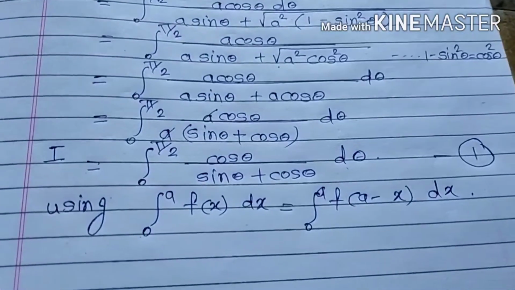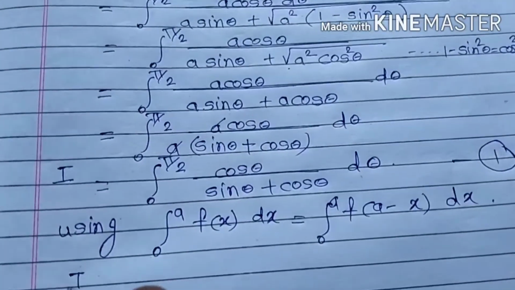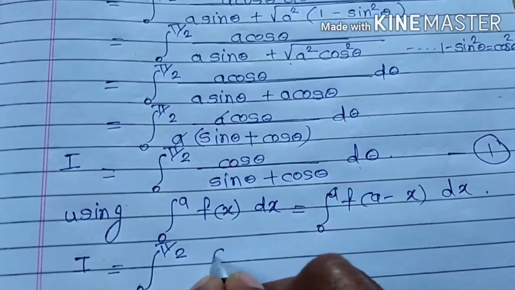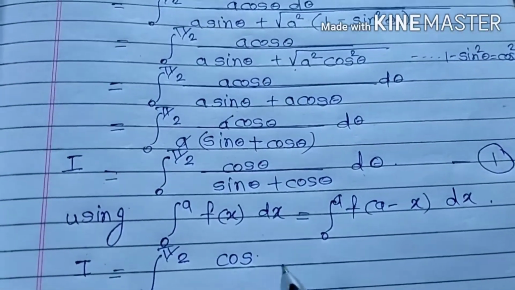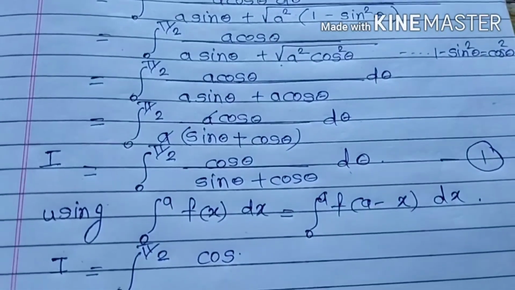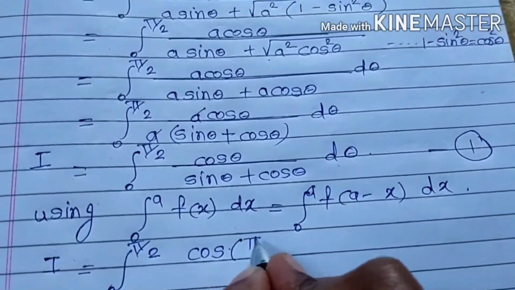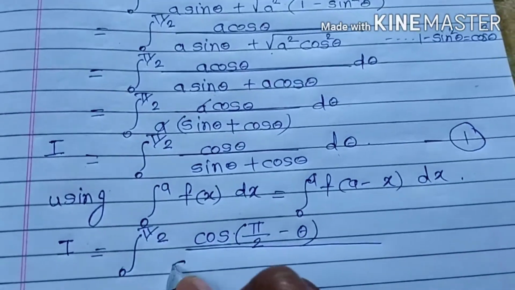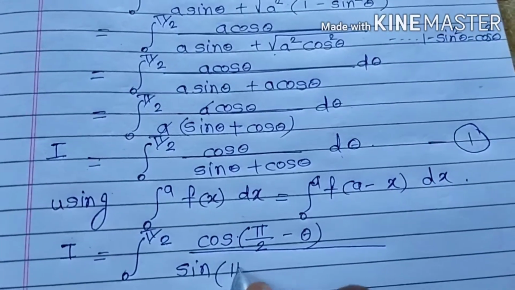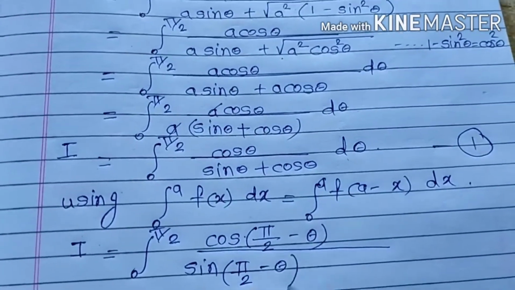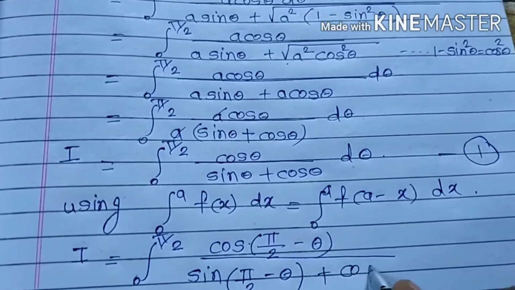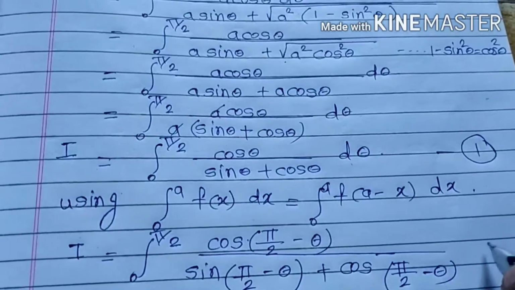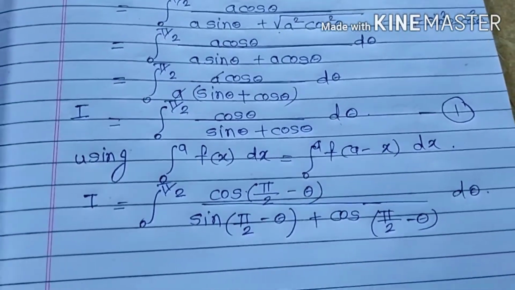So using this property, I is equal to the integral from 0 to pi by 2 of cos of pi by 2 minus theta upon sin of pi by 2 minus theta plus cos of pi by 2 minus theta, and here d theta.